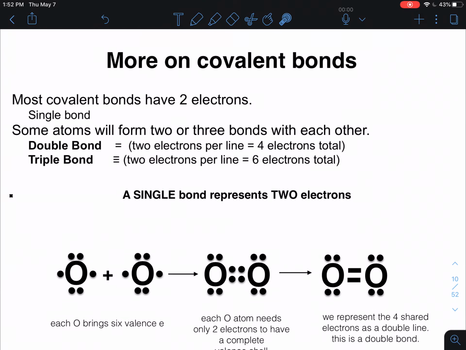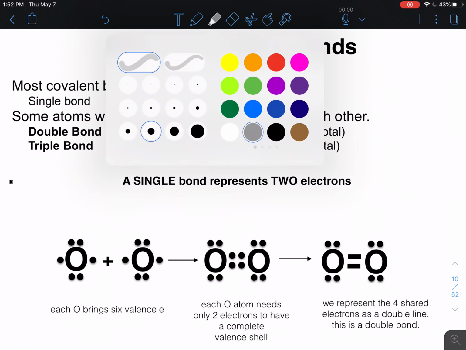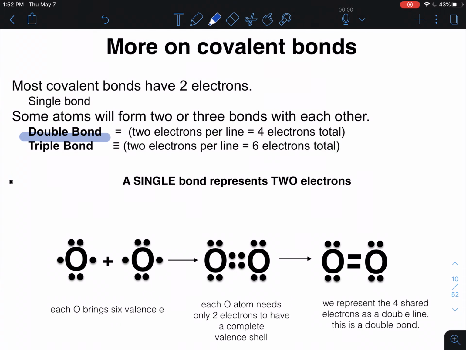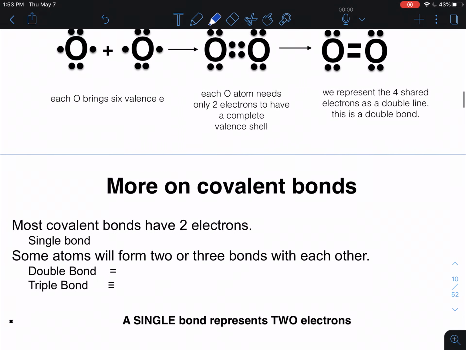So O2 is an example where we have 4 total electrons shared between 2 oxygen atoms. This is a double bond. Okay, this is a double bond. So a double bond is 4 electrons, and then we can also have a triple bond, which is 6 electrons. And are we doing nitrogen?